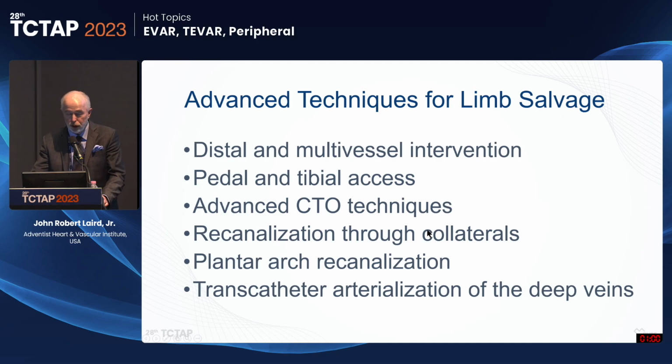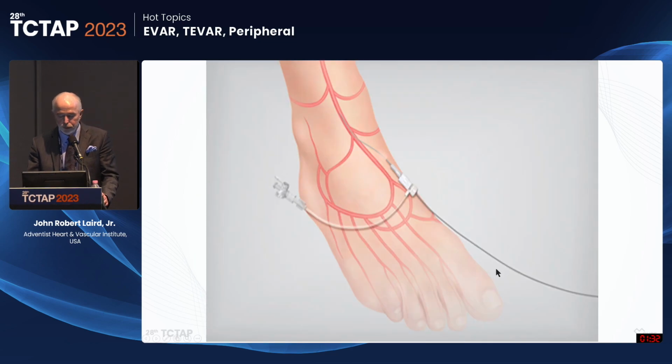But probably one of the most exciting advances, again, over the past 30 years has been the significant improvements in techniques for limb salvage in patients with complex infrapopliteal occlusive disease: distal and multi-vessel intervention, pedal and tibial access, advanced CTO techniques with CART, reverse CART, and rendezvous techniques, recanalization through collaterals, plantar arch recanalization, and more recently, transcatheter arterialization of the deep veins.